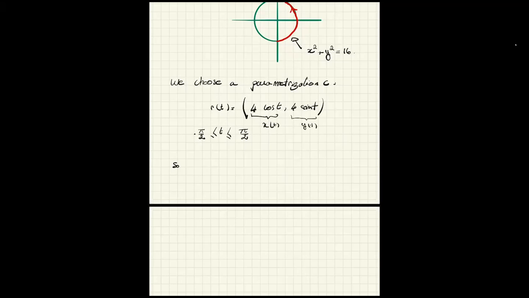So ds is square root of, remember the formula I gave you last week. ds was x prime t squared plus y prime t squared dt. In this case, it'll be 16 cos square plus 16 sine square of t dt, which will be 4 dt, right?